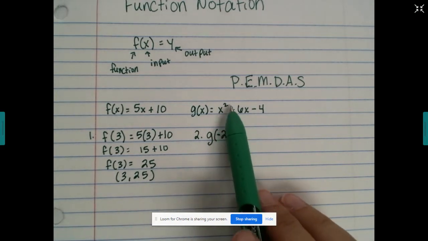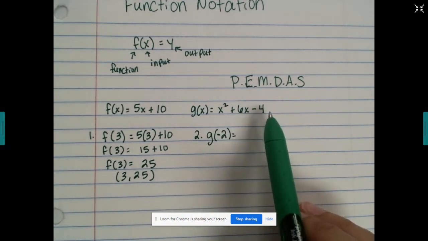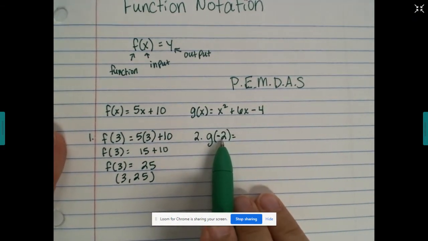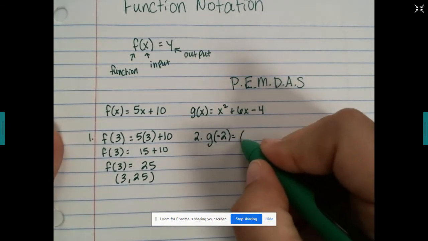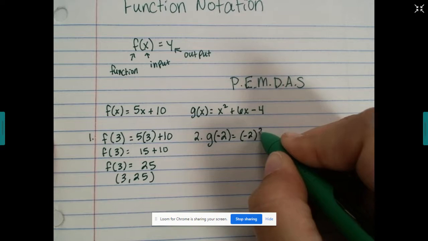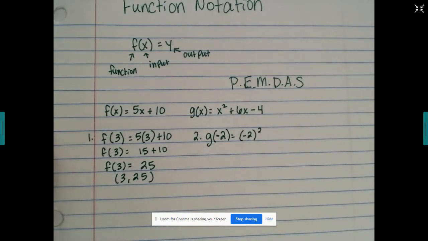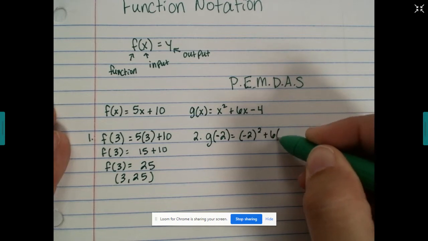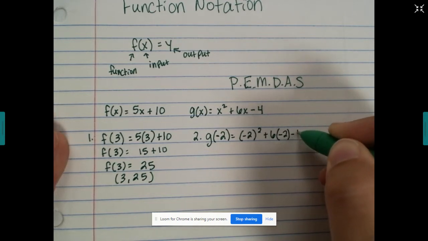So we're looking at this x squared plus 6x minus 4. So the difference in this one is we have two x's. So you want to take that -2 and you plug it into both of those. And then when it's negative, you have to make sure that you put that in parentheses when you square it. So it'll be like this, (-2) squared plus 6 times -2 minus 4.